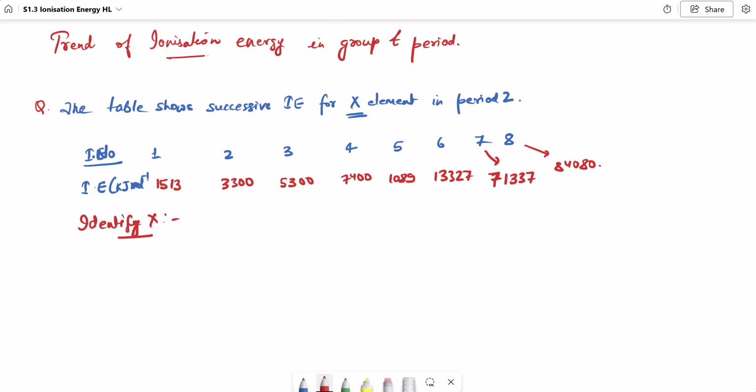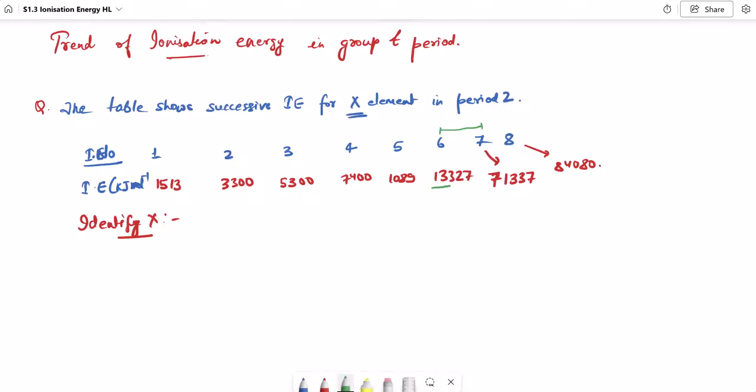As we see here, you have differences of 1500 something, nearby 2000 and 3000. The largest jump is between ionization energy 6 and 7. Can you see?